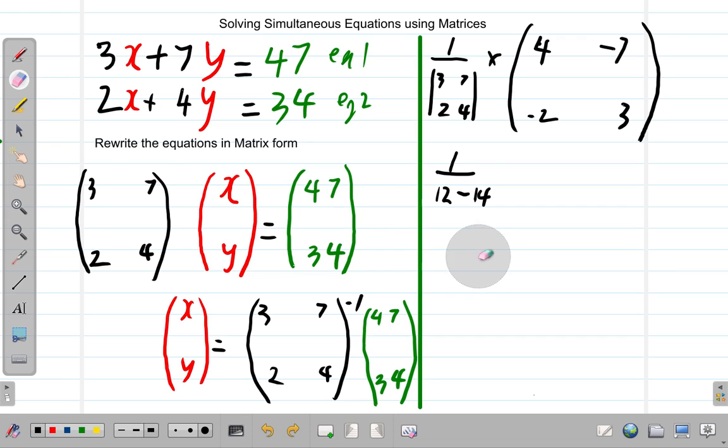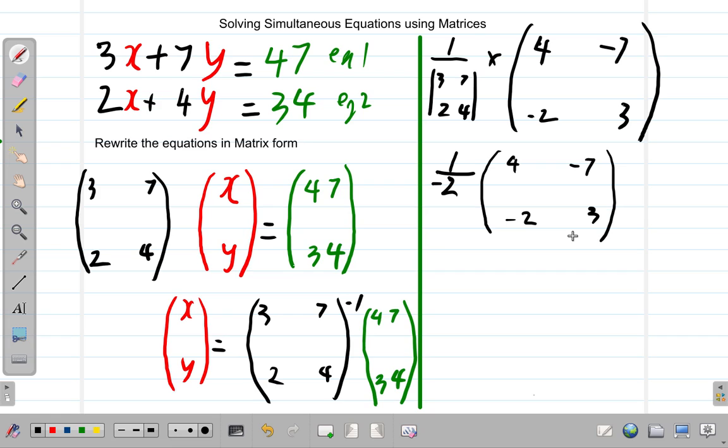Let us erase this and write the 1 divided by -2, multiplied by 4, -7, -2, 3.